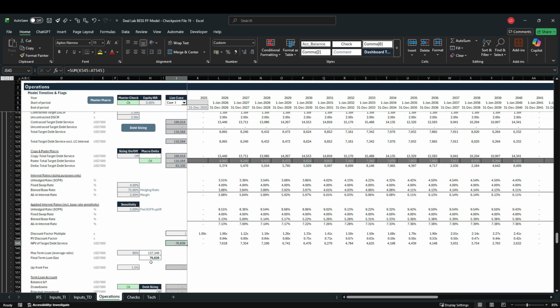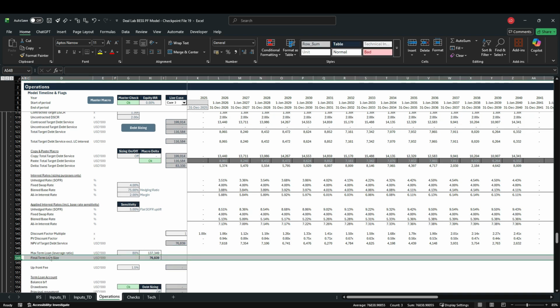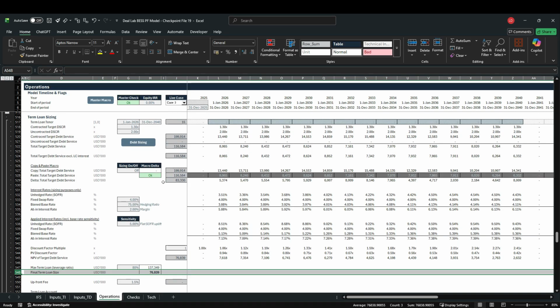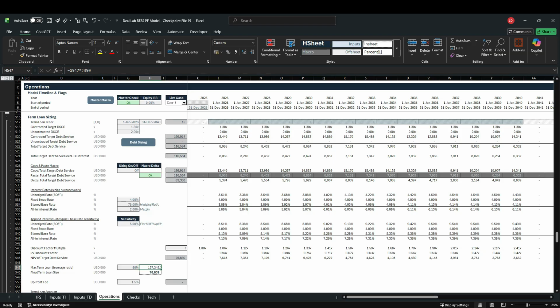And this leads us to our final term loan size of 76.8 million after considering two different debt sizing constraints. The first one is our DSCR target sculpting, which we did in row 545. And the second constraint is our max term loan according to our leverage ratio.